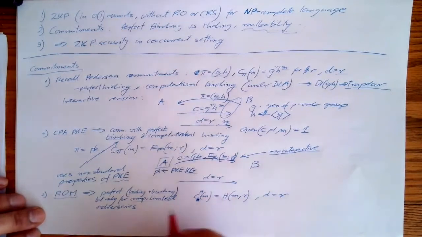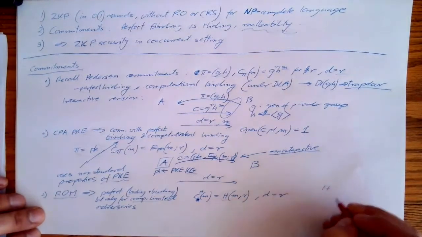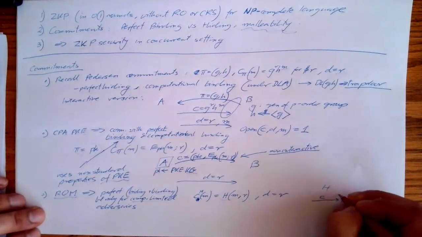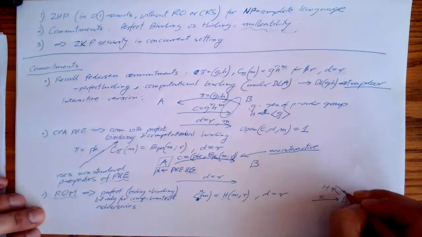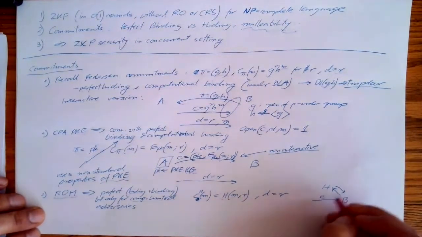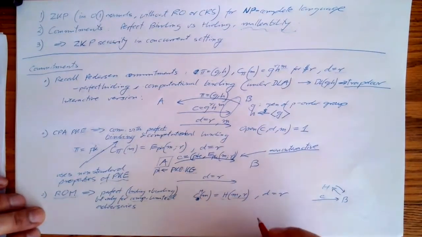So quickly, why is it hiding? Well, because if H is a random oracle, and I give you this commitment C, the receiver can query the hash on any message, on and on. But the only way to figure out what C corresponds to is to hash exactly the right string.